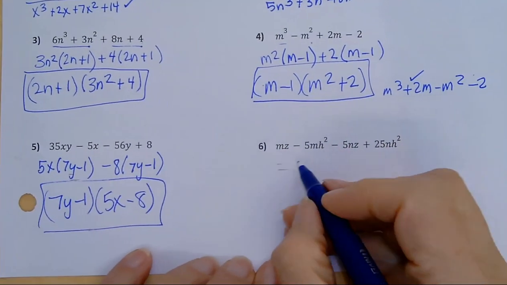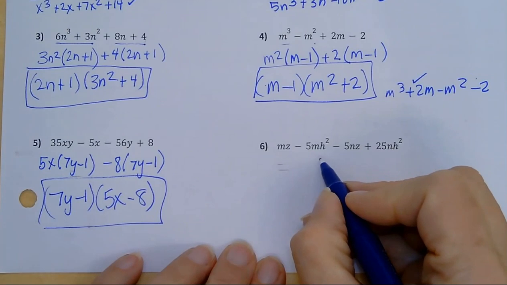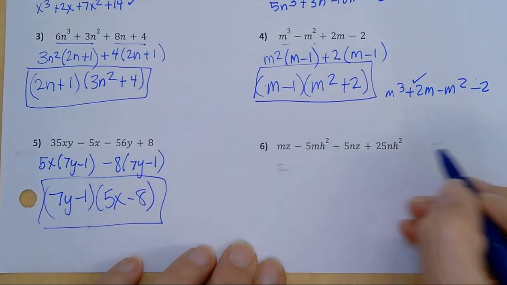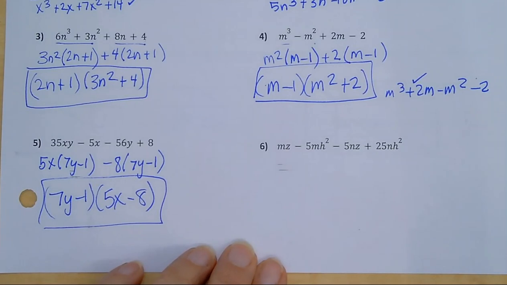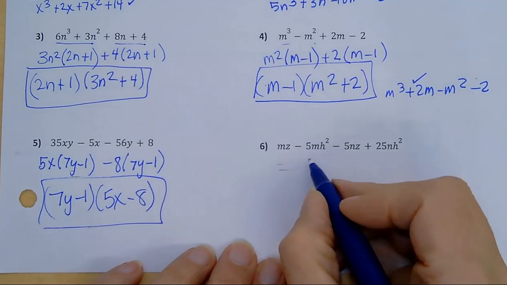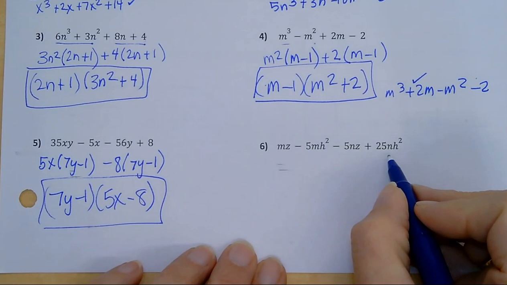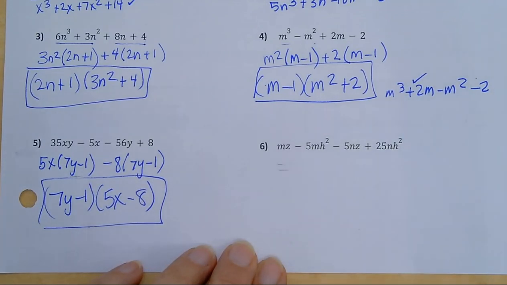All right. mz minus, holy moly, mh squared minus 5nz plus 25nh squared. That is a whole lot going on. Am I in order? Well, we do like to have it in standard form. I don't have anything that I can simplify.